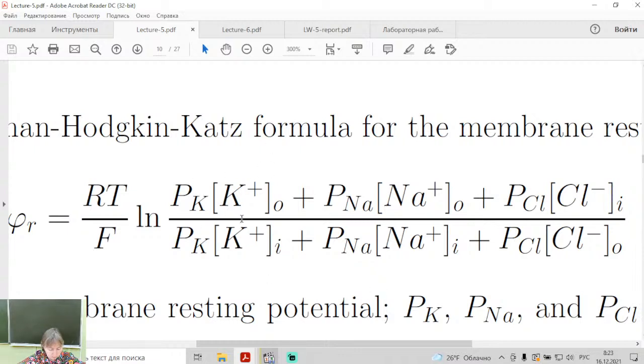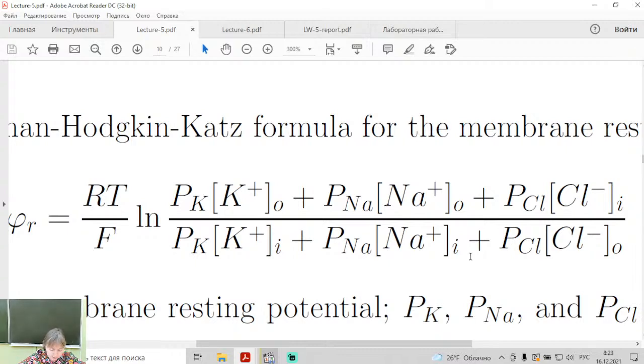The terms [K+], [Na+], and [Cl-] in square brackets are the active concentrations of potassium, sodium, and chlorine ions respectively.